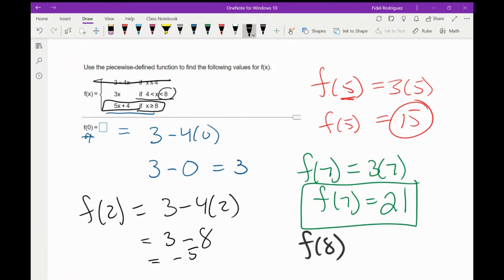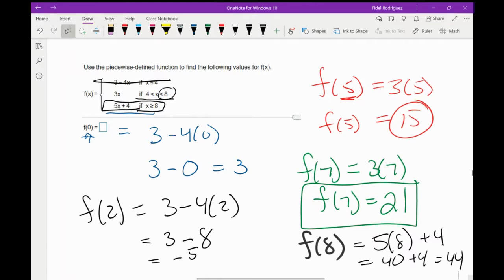And if it has a little line, or equal to, and in this case, 8 is equal to 8. So we're going to use that bottom piece. So we're going to go 5 times 8 plus 4. So 5 times 8 is 40. And 40 plus 4 is just 44. Check. And we got it.